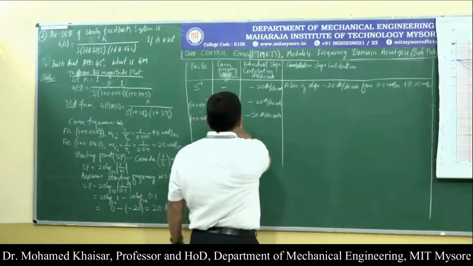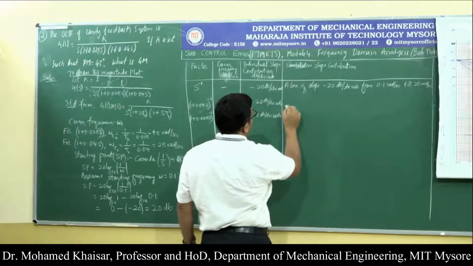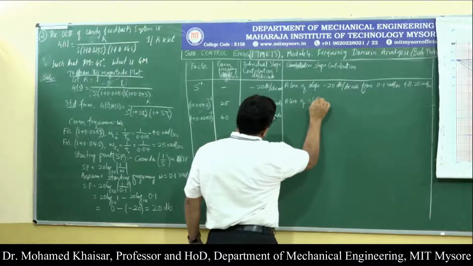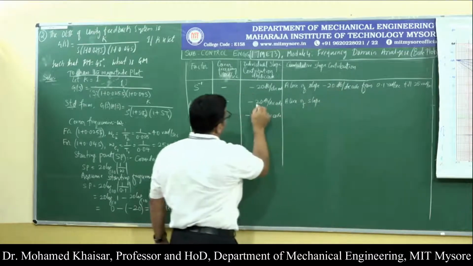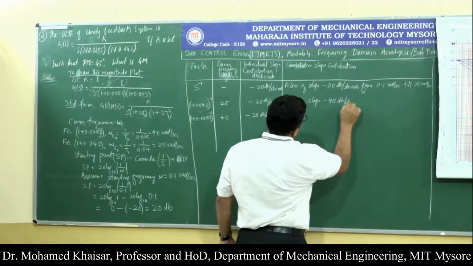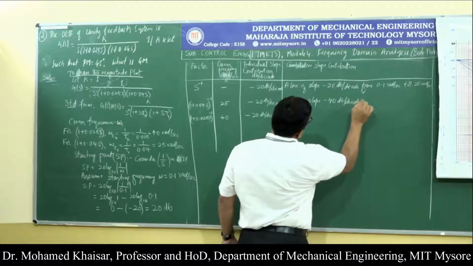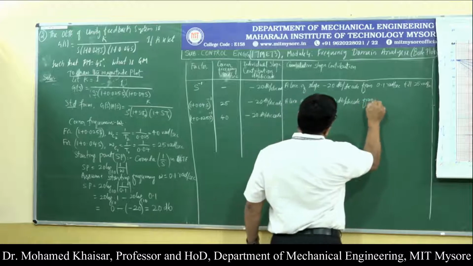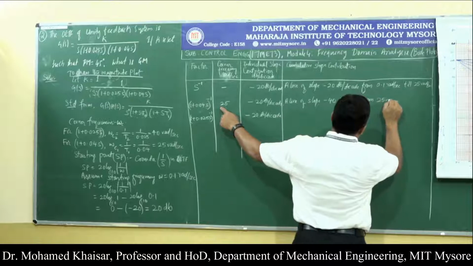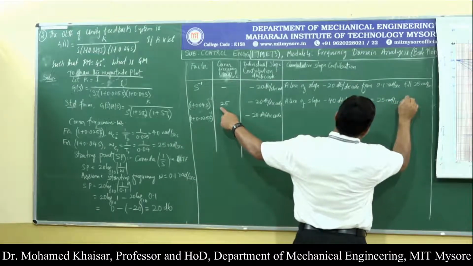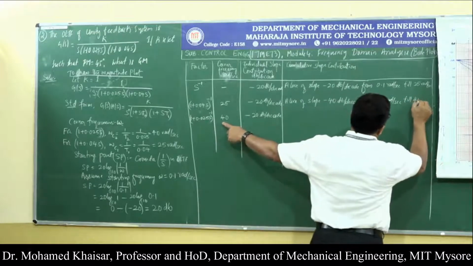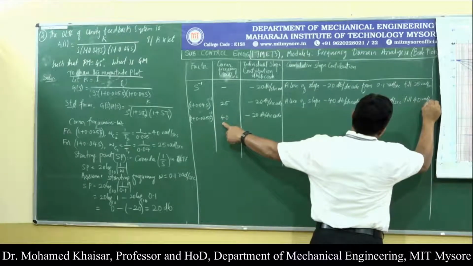Then for this factor, the cumulative slope contribution will be a line of slope minus 20, minus 20, minus 40 decibels per decade from the corner frequency 25 radians per second till the next corner frequency 40 radians per second.